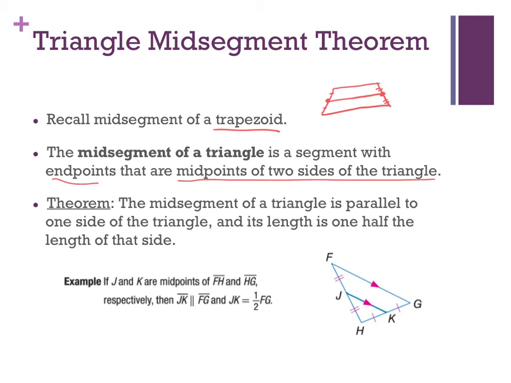If you have a true midsegment, a line that intersects the two sides of the triangle at their midpoints, then not only is the midsegment parallel to the base, but the midsegment is also half of the base. So if FG was 12, then JK would be 6.